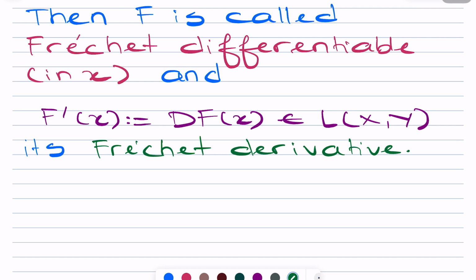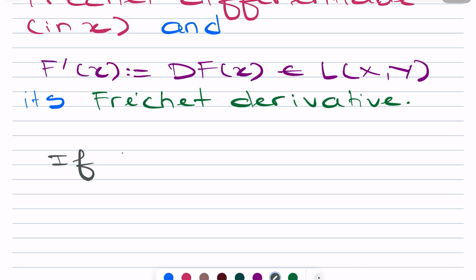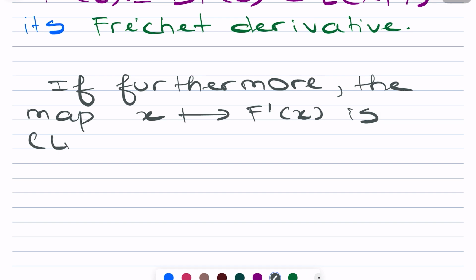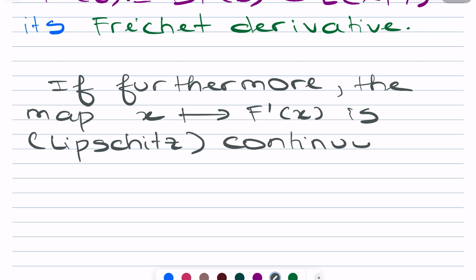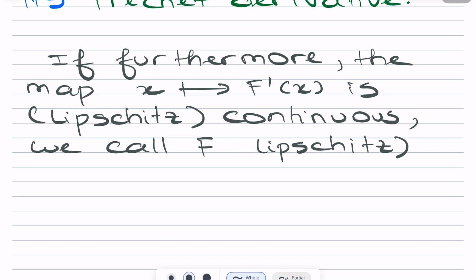Okay, so if furthermore the map which at x associates f prime of x is Lipschitz continuous, then we call f Lipschitz, respectively continuously differentiable.